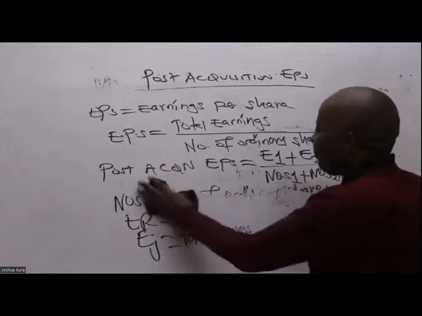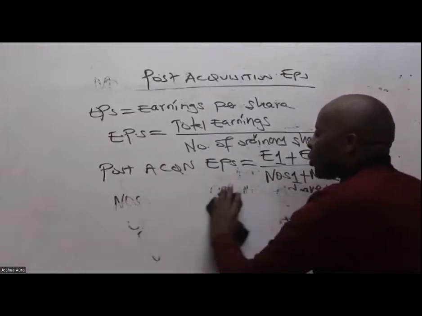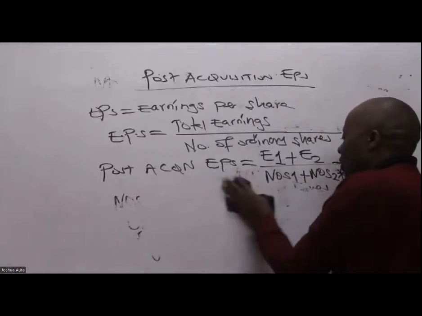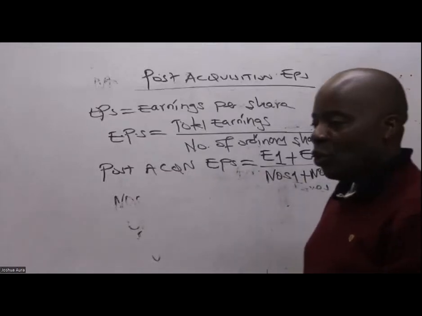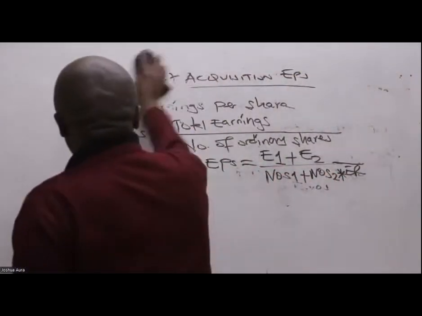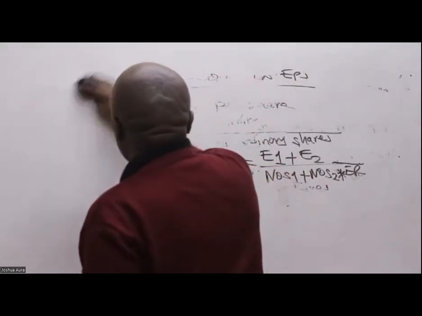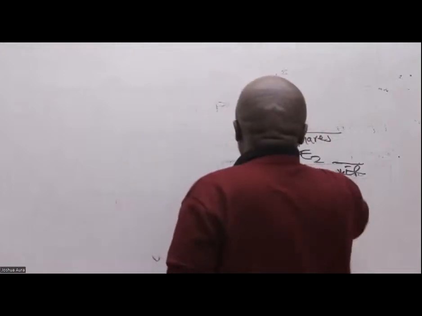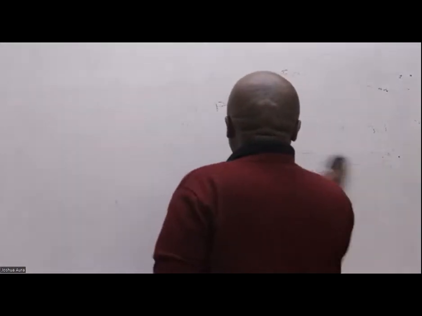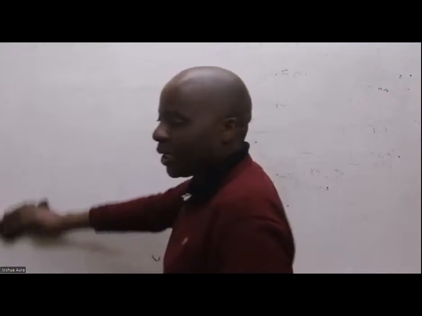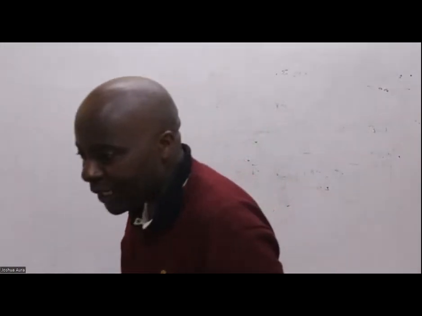Now, there are two types of exchange ratios. EJ stands for this E, earnings of company 1, earnings of company 2.